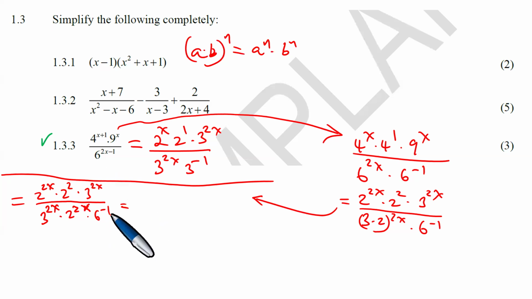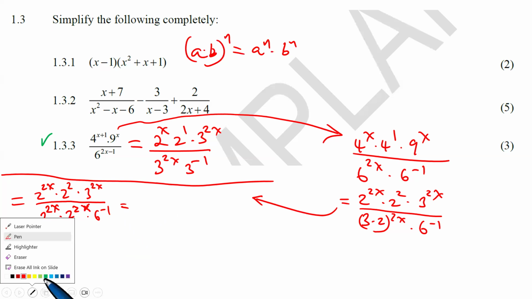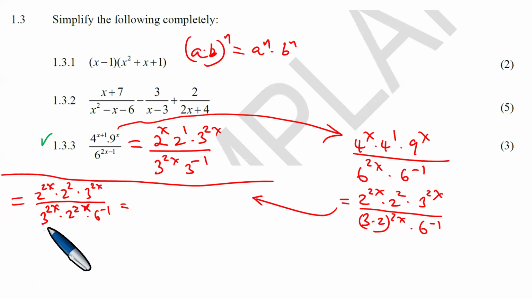Okay, this is what you have. So what do you do now? This one cancels this one because there's multiplication. If there's multiplication, you can cancel. Then at the top, you're left with 2 to the second power. At the bottom, you're left with 6 to the minus 1.